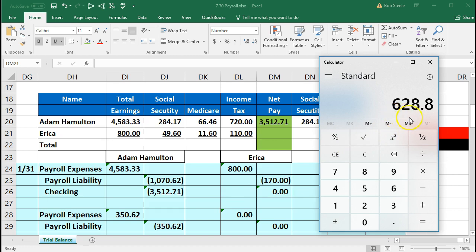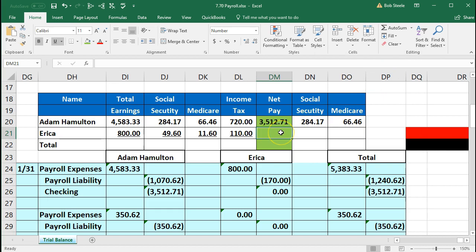So she's going to get $628.80 even though she earned $800 because she owes these three taxes, and instead of us giving them to her for her to then pay, the Fed makes us take it out of the paycheck before paying and giving the net check. So then we're going to do that calculation one more time.